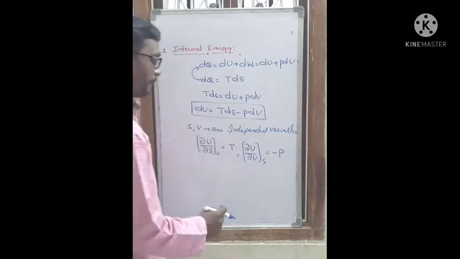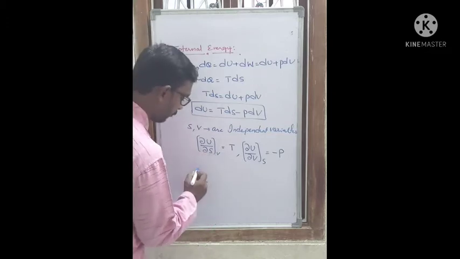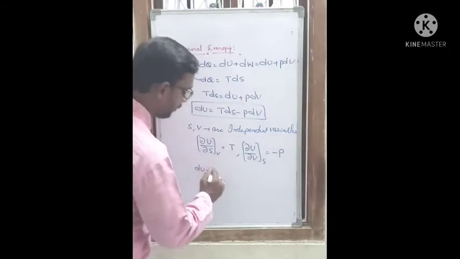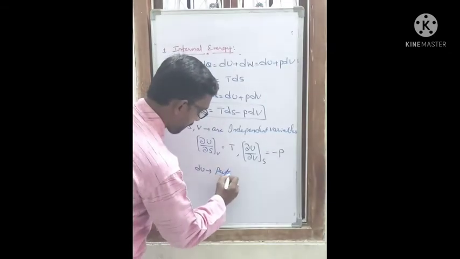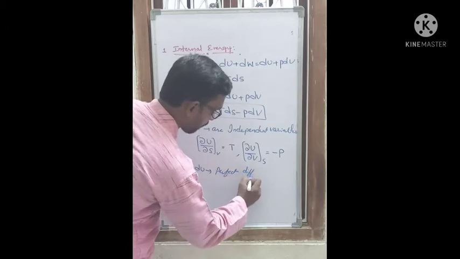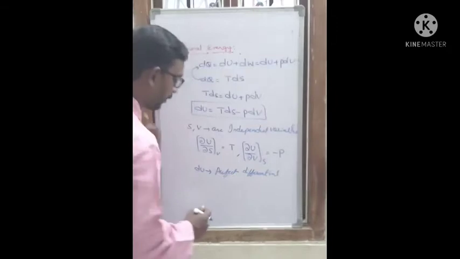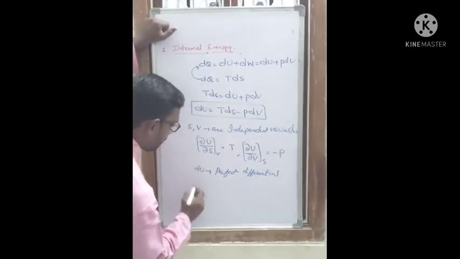Alright, now we know that du is a perfect differential. Therefore, with the help of the above equation, see what we get here.